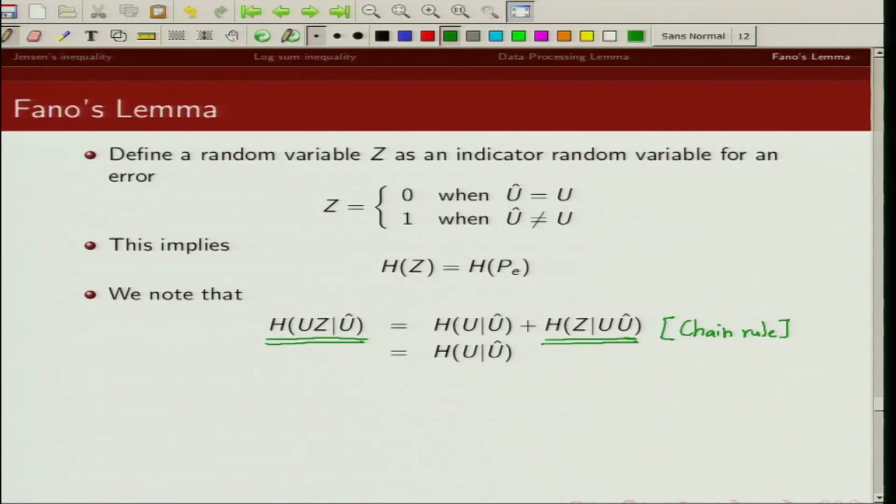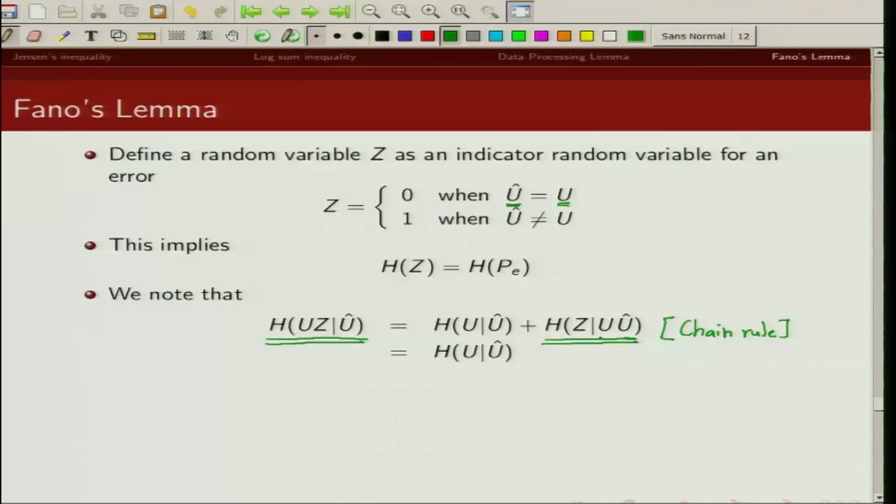What is the uncertainty in z given u hat? Now what is z? z is an indicator random variable which indicates whether there is an error, and it depends on the values of u and u hat. So if you tell me what u and u hat are, I can easily find out what z is, because if u is the same as u hat, z is 0, and if u is not the same as u hat, then z is 1.